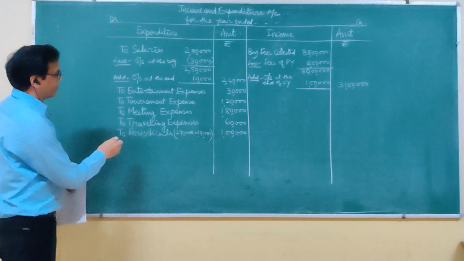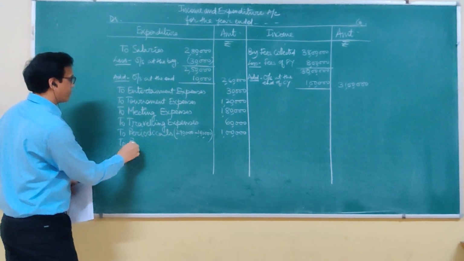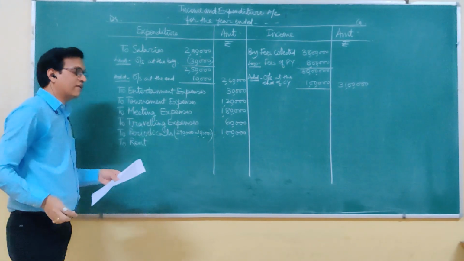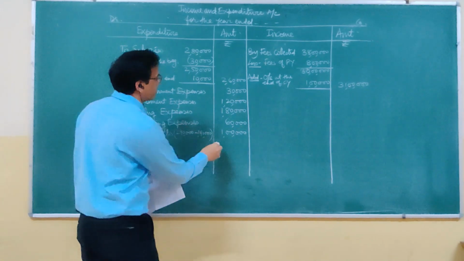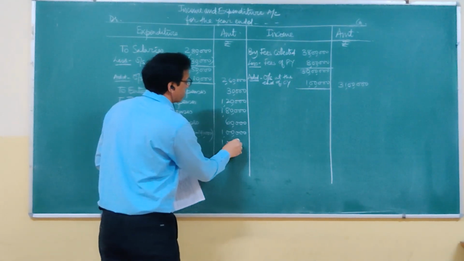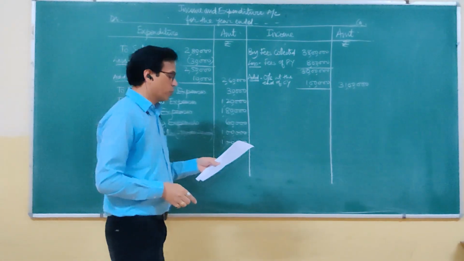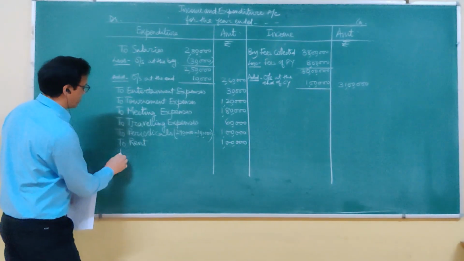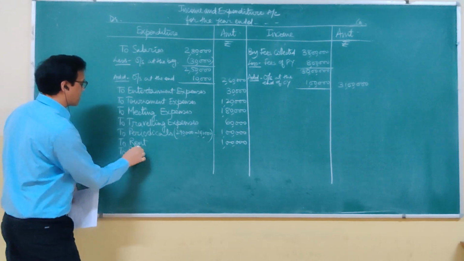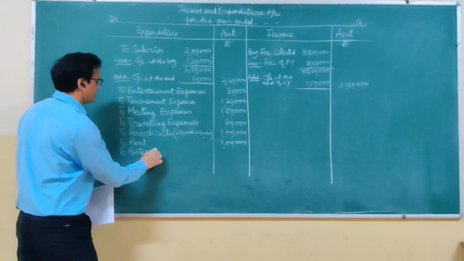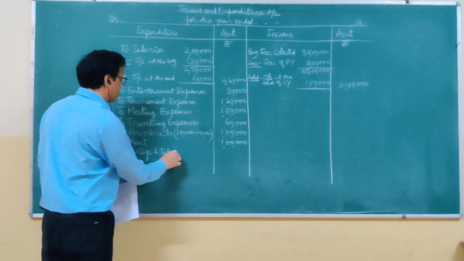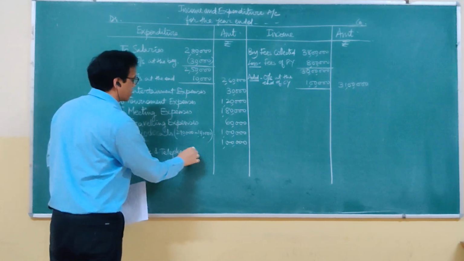Then rent. To rent. When only rent is given, in class 11 only we have studied about it. It is expense. When it is received, then the word received is to be suffixed with it. Then postage and telephone expenses, they are also our expenses. So To postage and telephone expenses.